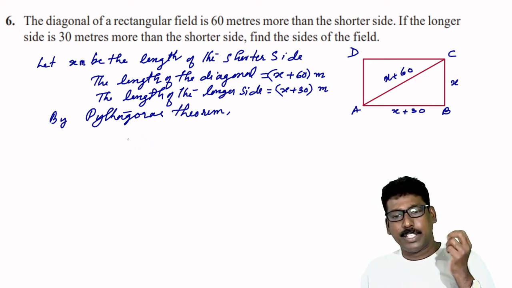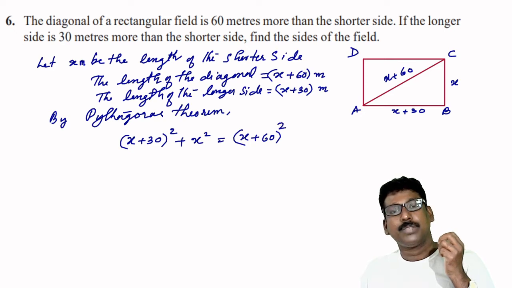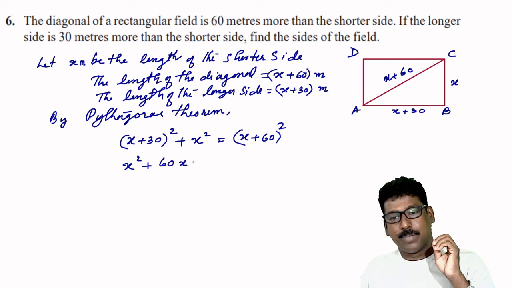That you can write as x plus 30 the whole square plus x square is equal to x plus 60 the whole square. Do simplify yourself. x plus 30 whole square, you will get it as x square plus 2 into 30 into x, that is 60x, plus 30 square is 900.